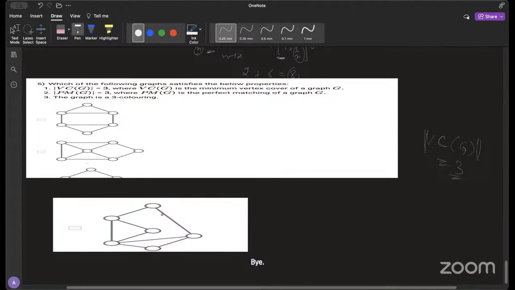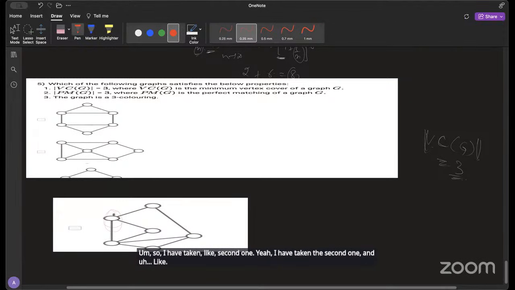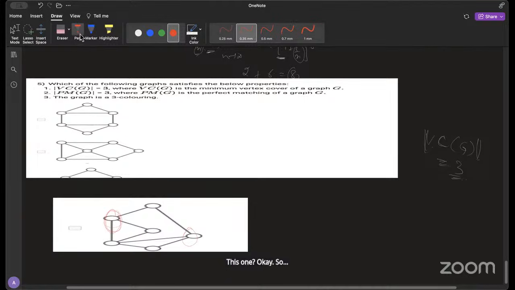I have taken the second vertex, this one, and on the other side, the second one. Okay, this covers this one. This edge is covered. This edge is covered. What about this edge?